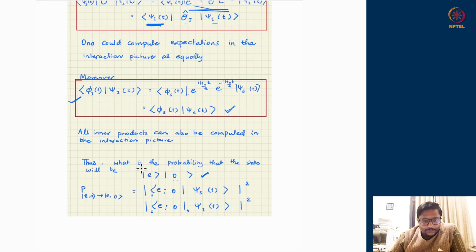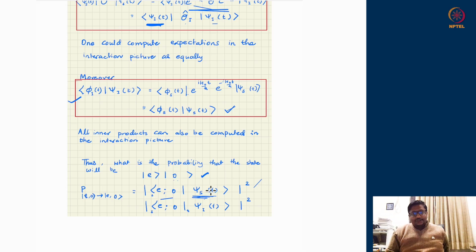So I am asking what is the probability that the state has become this after time evolution. So what I should do is time evolve the initial state to psi S of t, and then take the overlap with the state of my choice, E0, that I want to know the projection on. This mod square will tell me what is the probability that the final state is E0.